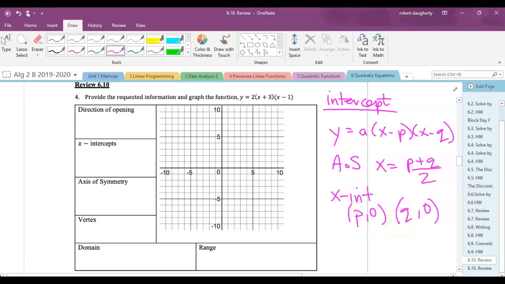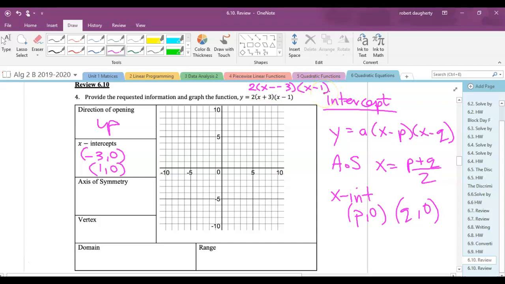Okay, so the direction of opening: this one opens up. The x-intercepts are at (-3, 0) and (1, 0). Remember, this formula has a minus built into it. So if you think about it, this is 2 times x minus -3, x minus 1.